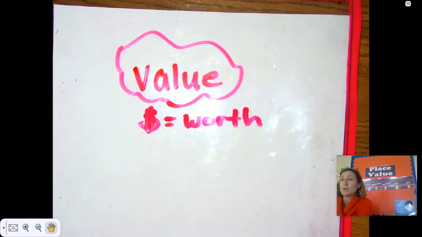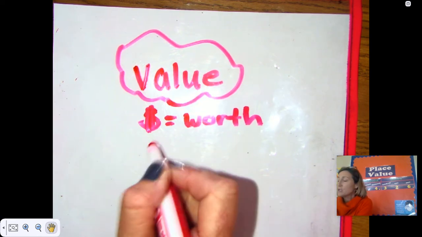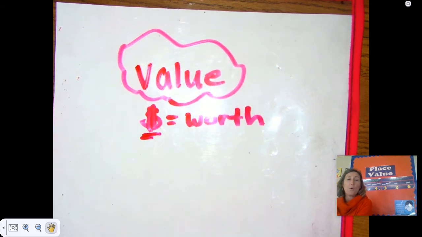It might be $210. What is the value of your favorite book? How much did you buy it for? You might have bought the book for $8. The value of the book might be $8. That is how much it is worth. So when we're talking about value, I want you to remember the word worth and think about money.